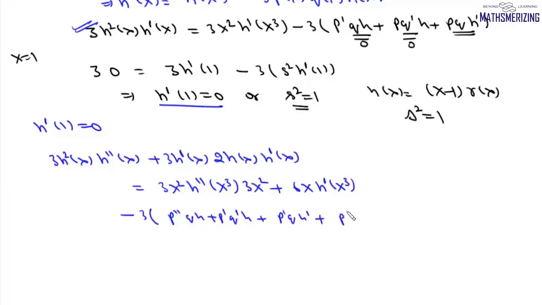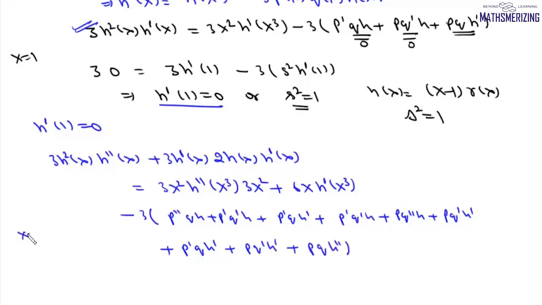Second one will be P dash Q dash H, P Q double dash H and P Q dash H dash, and then it will be P dash Q H dash, P Q dash H dash and P Q H double dash.